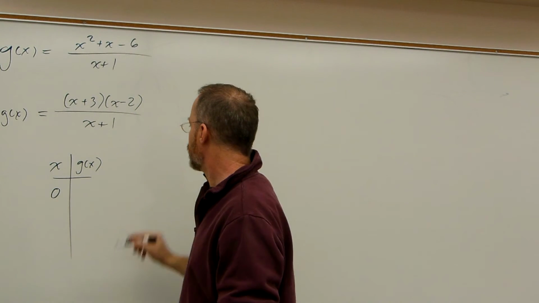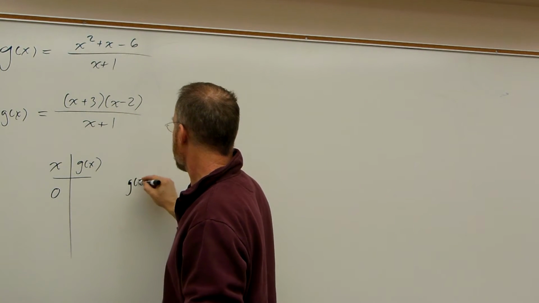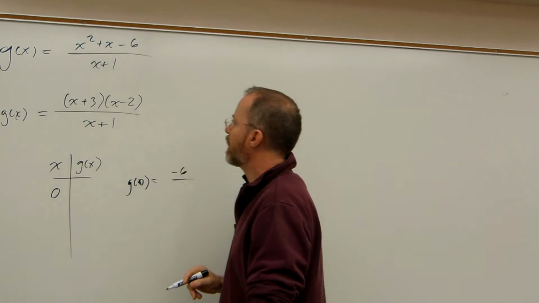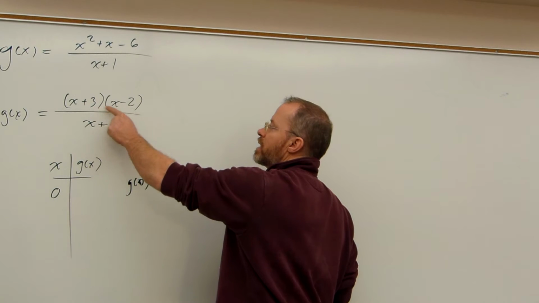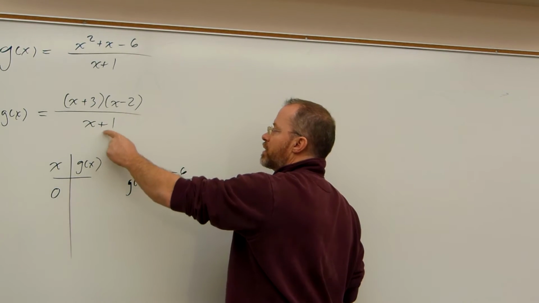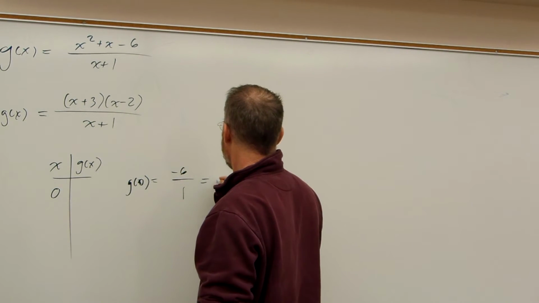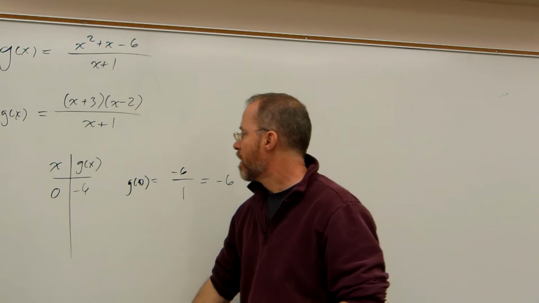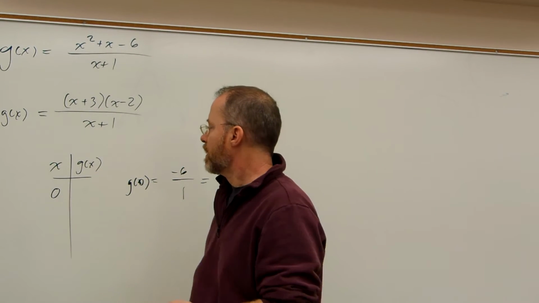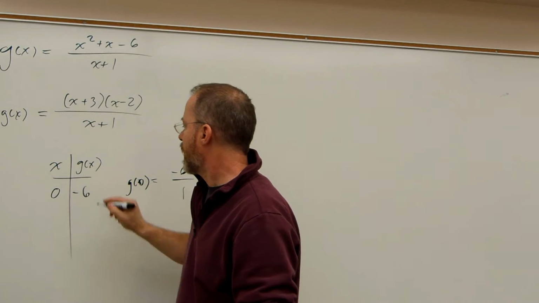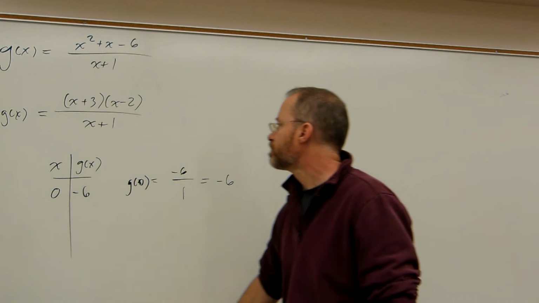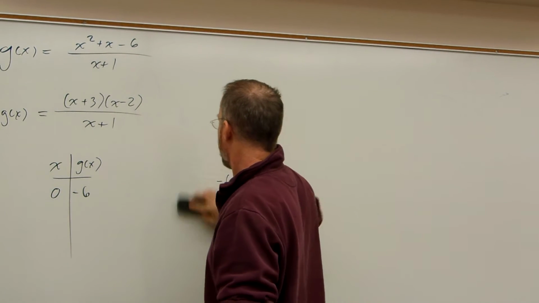So g of 0 would be negative 6 on top, right? 3 times negative 2, and on the bottom I'd get 0 plus 1 is 1. So negative 6, or 0, negative 6 is a point on here. And just like any other kind of function formula, you can find the y-intercept by putting 0 in for x, okay?